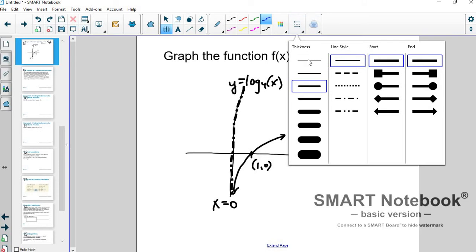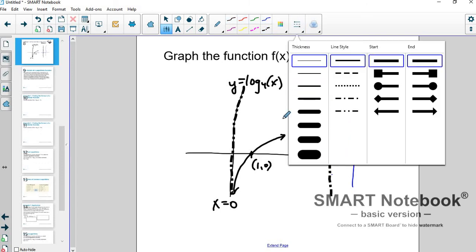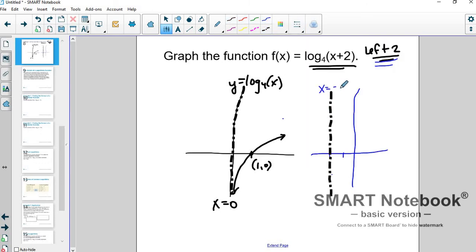Okay, so how's our graph going to look? Once again, we're going to have an asymptote, but the asymptote shifts left 2. So instead of x equals 0, what do you get? You get an asymptote at x equals negative 2. Okay, label it. You had an x-intercept at 1, 0.